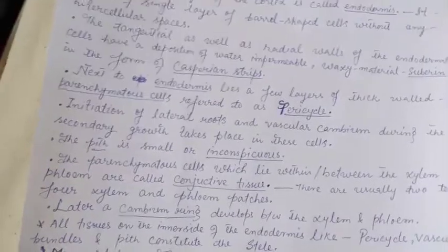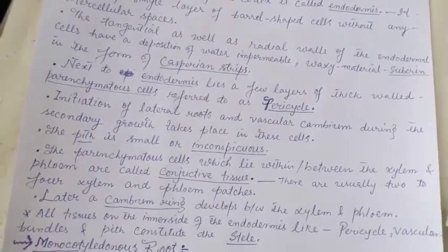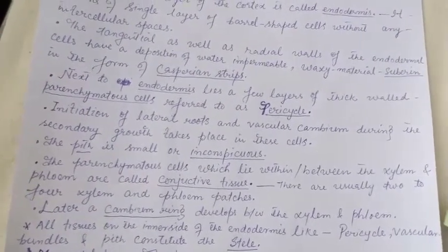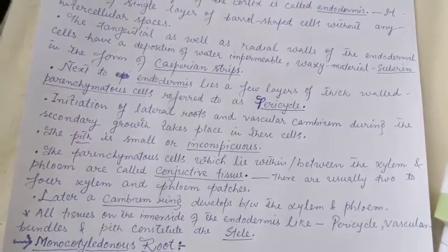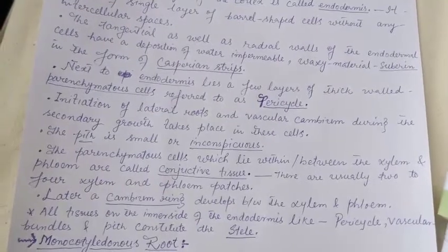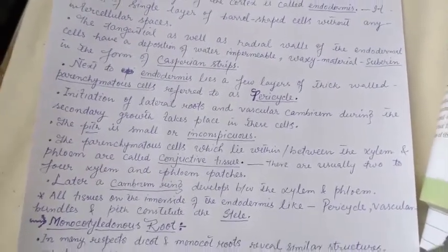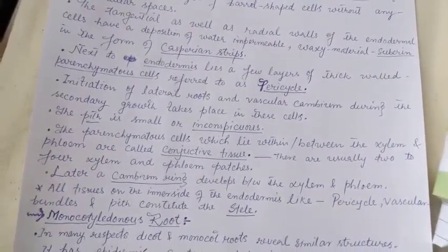The parenchyma cells which lie between the xylem and the phloem are called conjunctive tissue, and there are usually 2 to 4 xylem and phloem patches. Later, a cambium ring develops between the xylem and phloem.